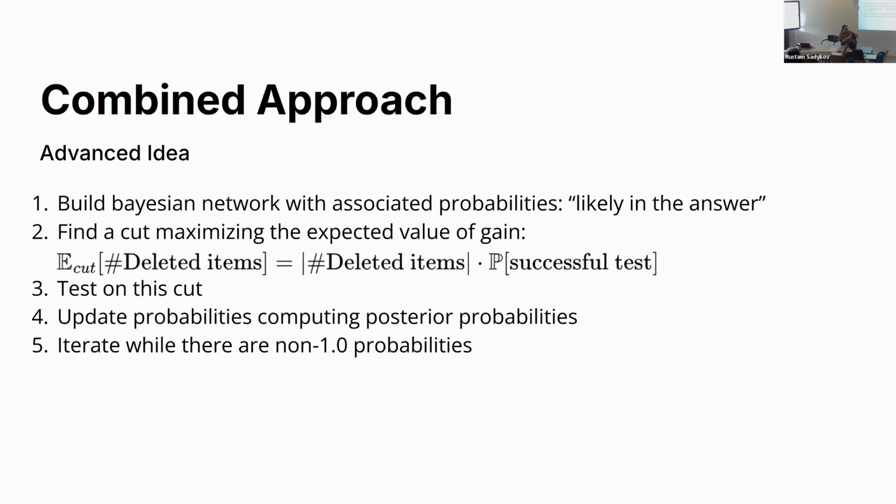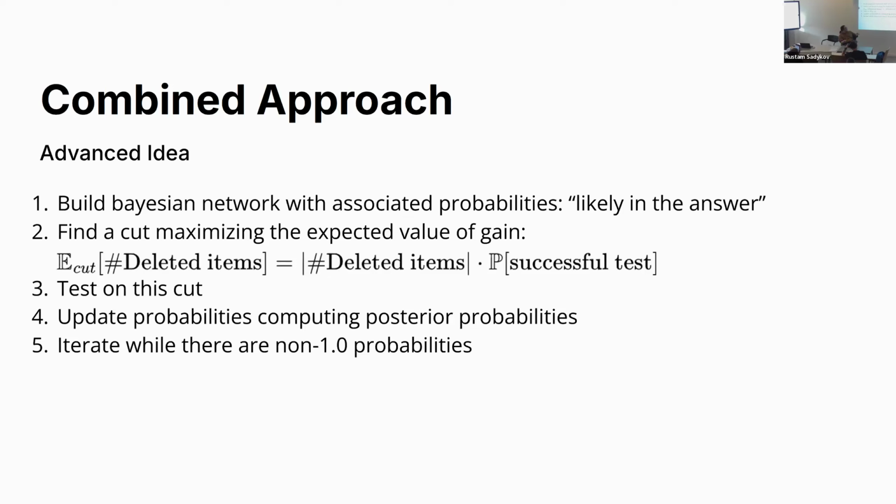For example, it means that we shouldn't delete some items that we deleted for the test. That's just basic posterior probability computation, but it needs to be done. And then we just iterate over and over until we are sure that there is no item that can be deleted.